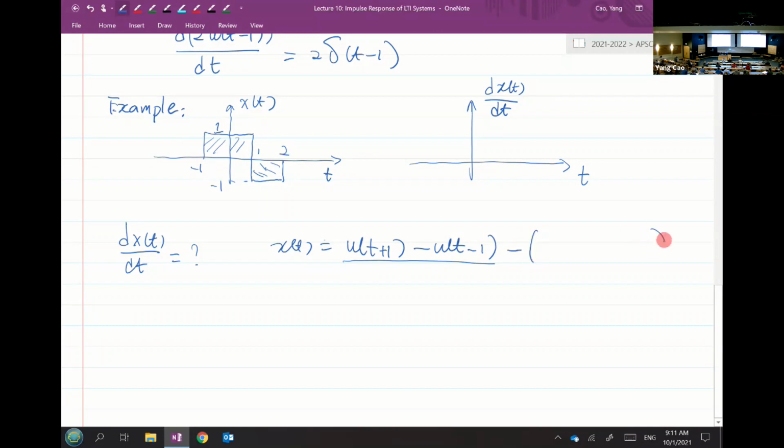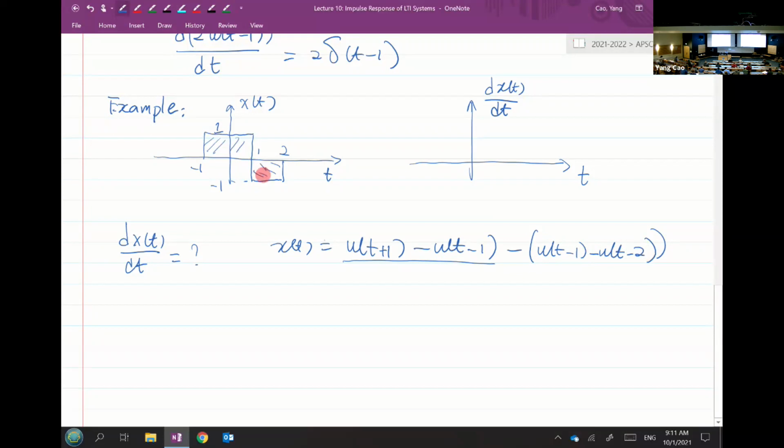What would be the cookie cutter for this portion? One edge is at 1 and another edge is at 2, so that must be u of t minus 1, minus u of t minus 2.